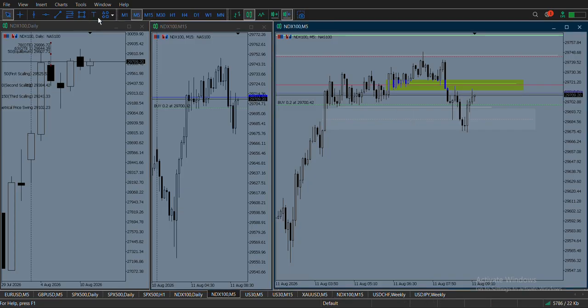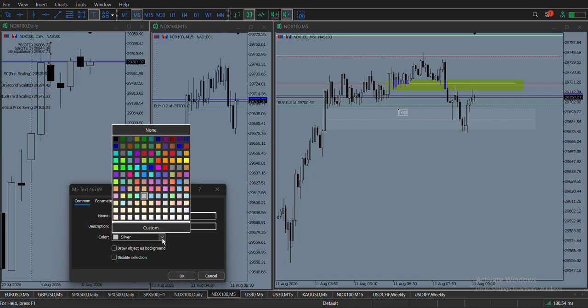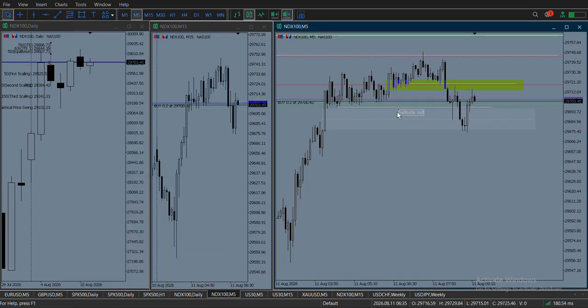Let me annotate it as I'm looking at this. And that's silver. So sell side out, I'm expecting higher prices.